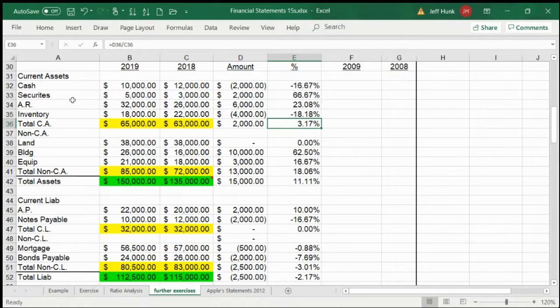So when marketable securities holdings increase, then that's a good thing. That's a positive signal.